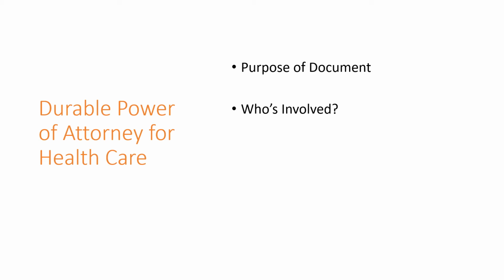It could be that they decide to go ahead and file the paperwork in order to activate the power of attorney, which then authorizes that person to make those decisions. It also authorizes you to name a successor agent, so that if the first person you select is not available, then that person who you name as the successor would be able to step into their shoes.